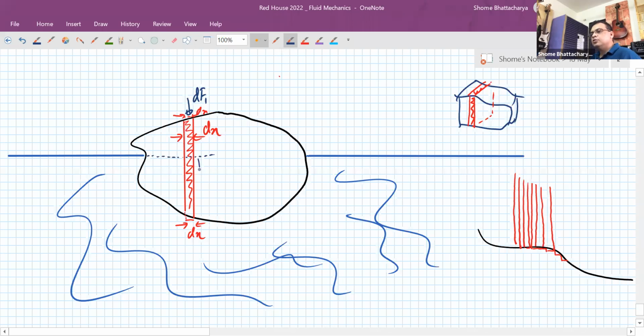Now you can see that here this is at a depth of y from this level underwater. So the pressure difference between these two points depends on this y.